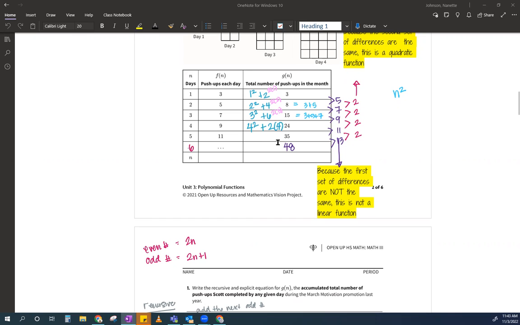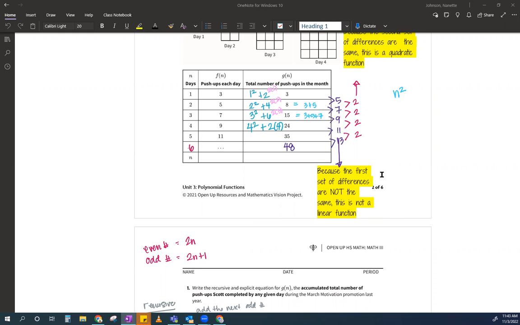It's 24. So again, I'm going to check my rule again with the next line. What would I write this in terms of 5? So what you're looking for, friends, if you don't know, is what is changing and what is staying the same.